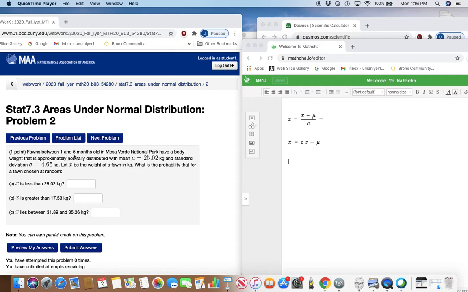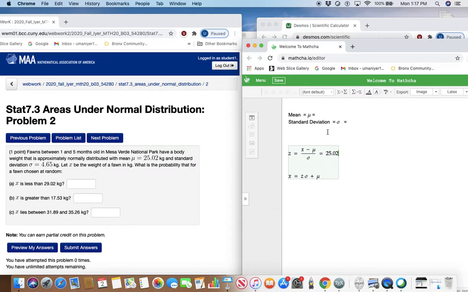Problem 2, section 7.3. Fawns between 1 and 5 months old in Mesa Verde National Park have a body weight that is approximately normally distributed. Now that's important information. The mean mu is 25.02 kilograms and the standard deviation sigma is 4.65.